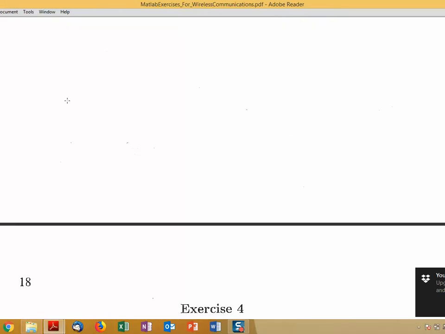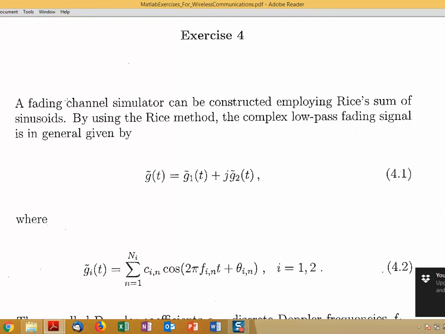So that is exercise number 4, the homework exercise.